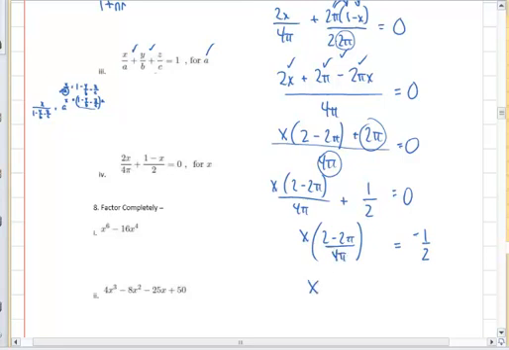And then I'm going to solve for x. I'm going to just have x is equal to -1/2 and multiply by the reciprocal of that to represent division. And that will be good enough to solve for x.